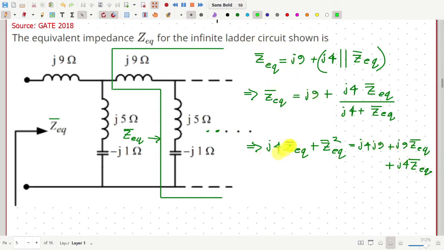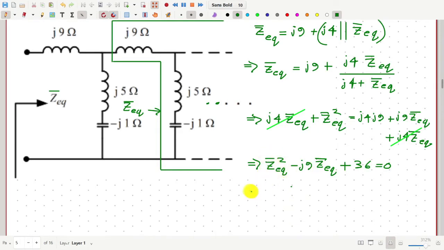Now this term and this term cancel each other, and we can write Z equivalent squared minus j9 Z equivalent minus 36 j squared, which is plus 36, equal to 0. So we have a quadratic equation and we can solve this equation to get Z equivalent.